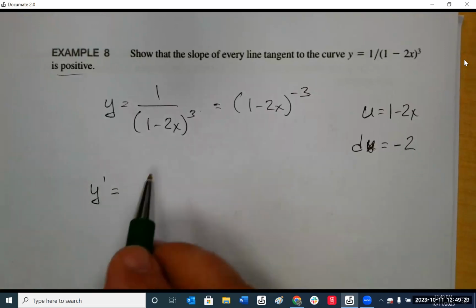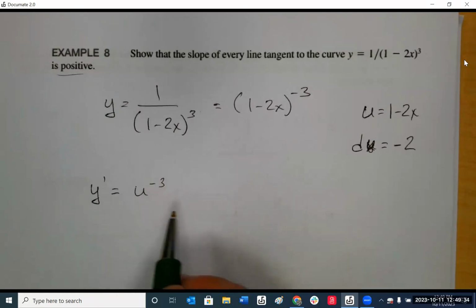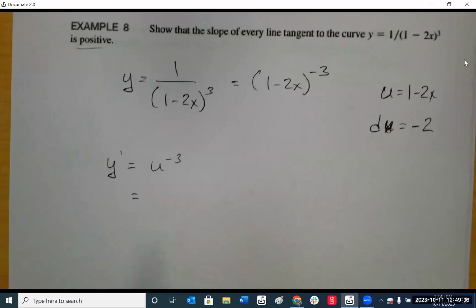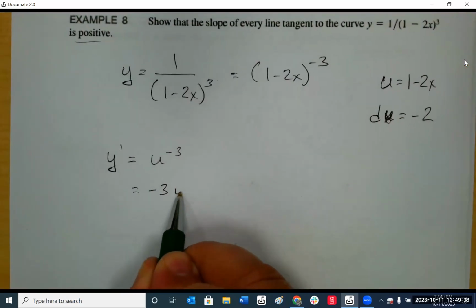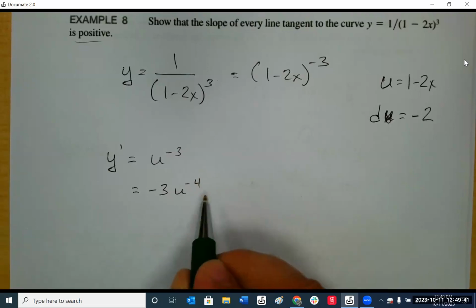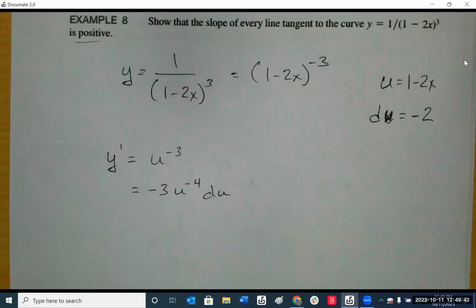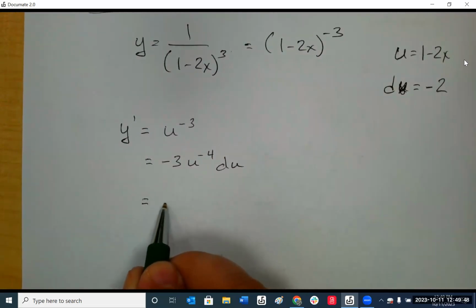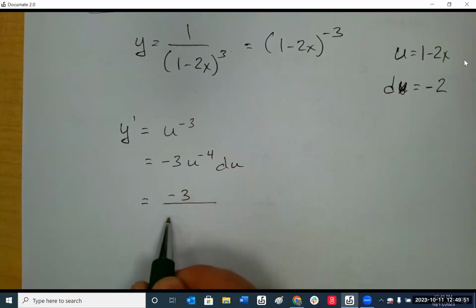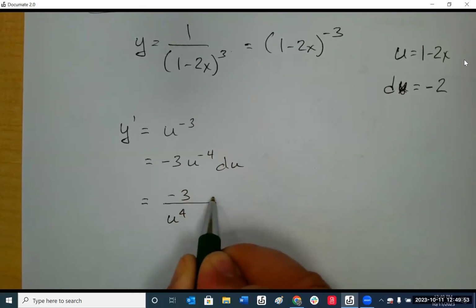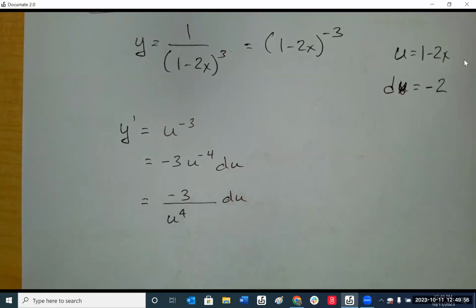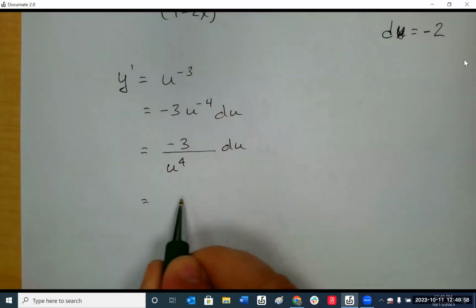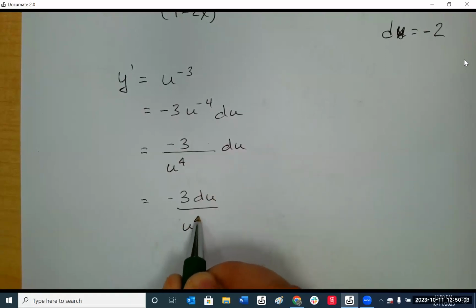So what's the derivative? Right now we have u to the power -3. The derivative will be -3 u to the -4 times du, which is the same thing as -3 du over u to the 4th.